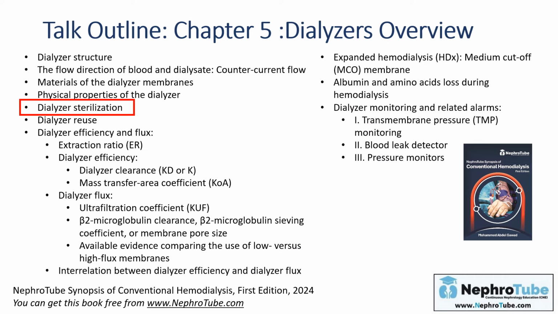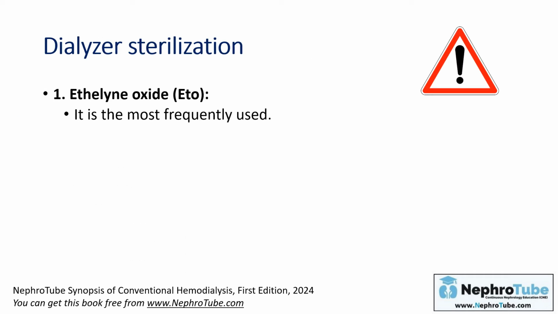The next point is the dialyzer sterilization. The most commonly used method for sterilization is ethylene oxide, and we mentioned that too in the second lecture, that ethylene oxide is also the most commonly used sterilization method for the blood tubing sets.